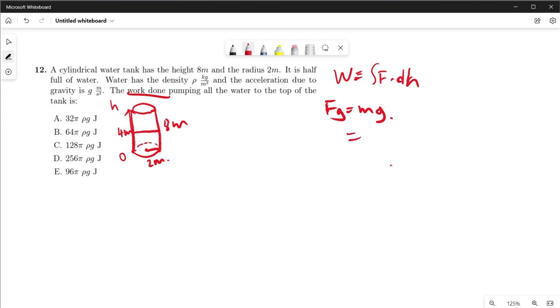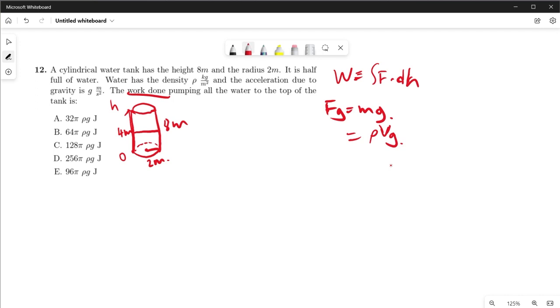Since we have the dimensions, we can get volume, and then we can multiply that by the density to get the mass, right? So it'd just be rho V g that will be our force of gravity.